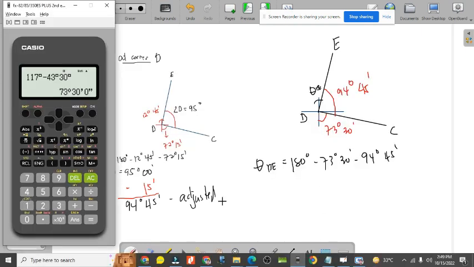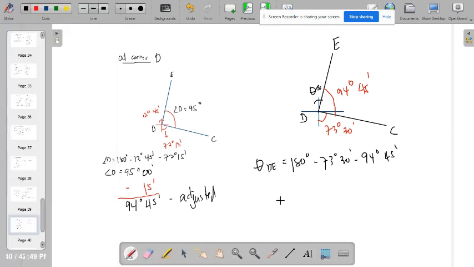So getting that is subtracting 180 degrees minus 73 degrees 30 minutes, then minus 94 degrees 45 minutes. That gives you 11 degrees 45 minutes. Okay, so there you go.